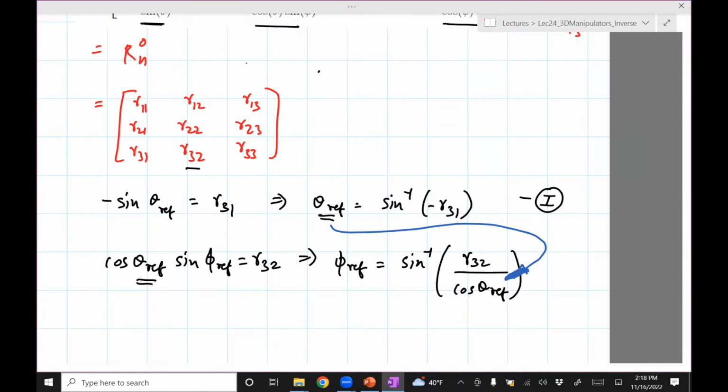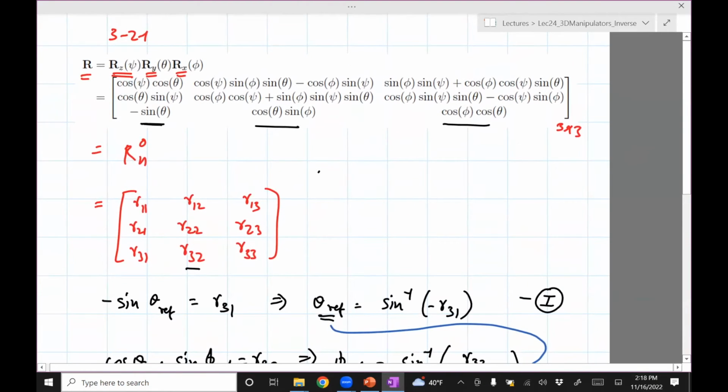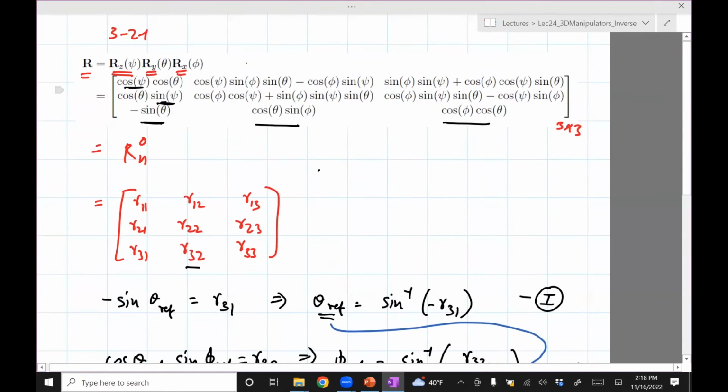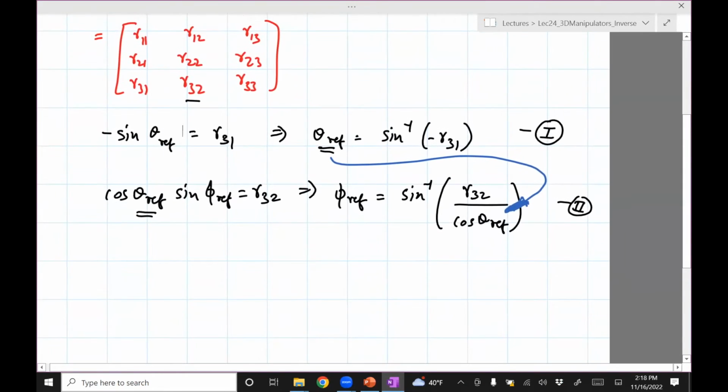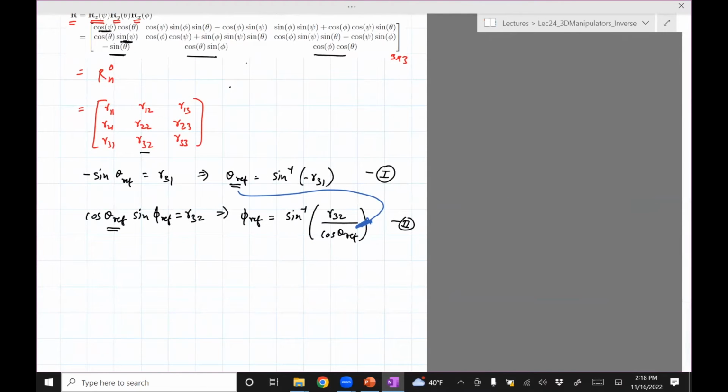That's number 2. And then the third step is to compute psi, which can be computed either from this or this. It's up to you. So I just choose R21, but you could choose R12. So we would have cosine theta ref sine psi ref equals R second row first column.